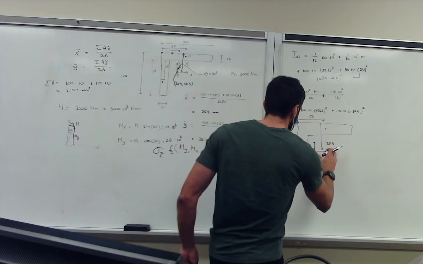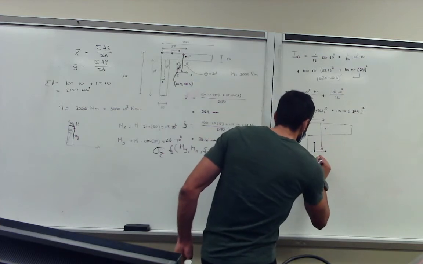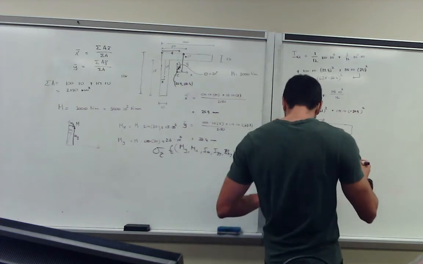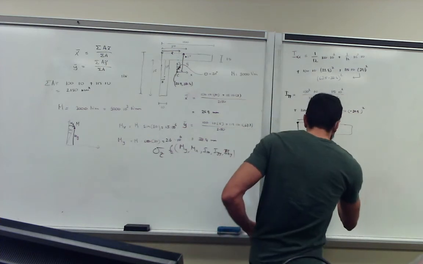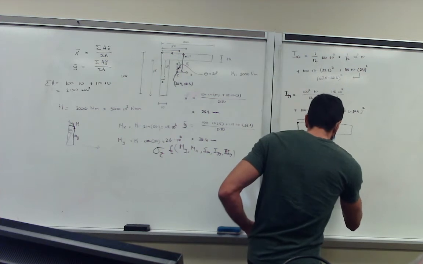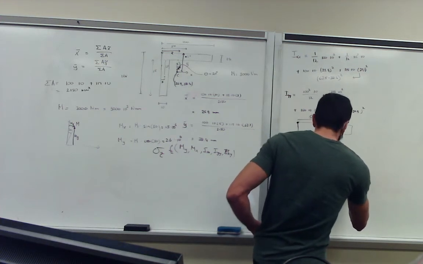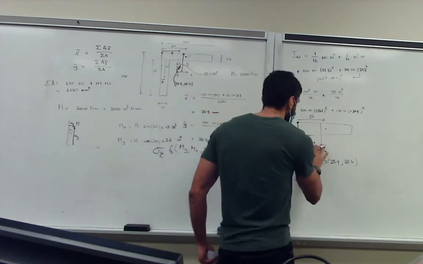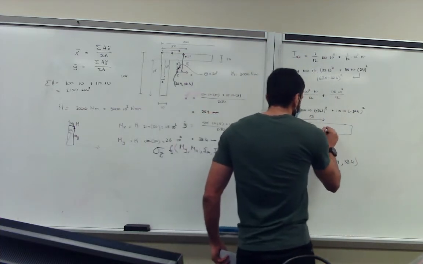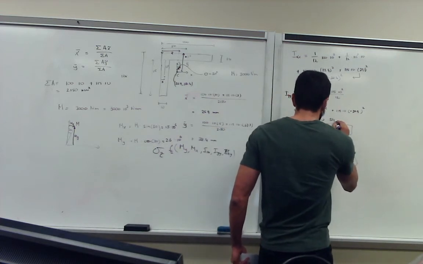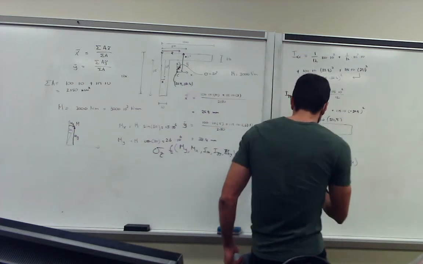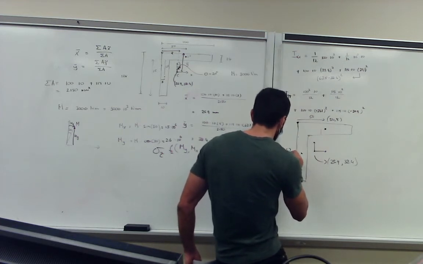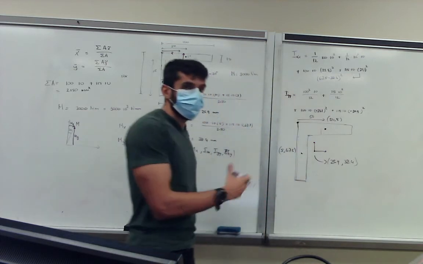So let's draw this. This coordinate system is 25.9, 38.4. That's our coordinate system. Let's do it just using coordinate systems, that will be easier. This coordinate system is 50, 5. This coordinate system is 5, 67.5.